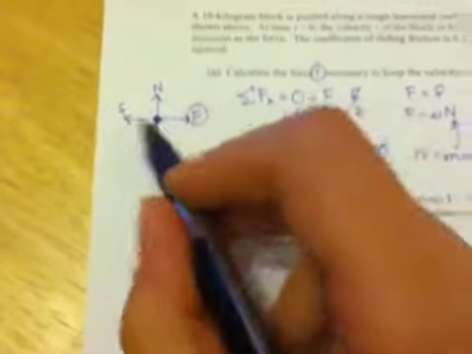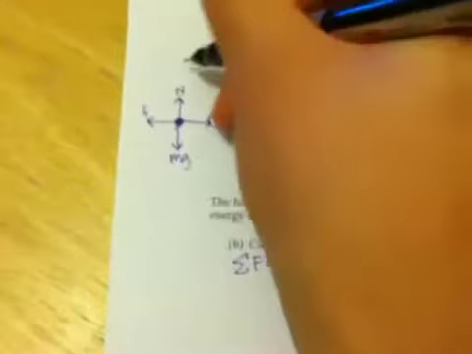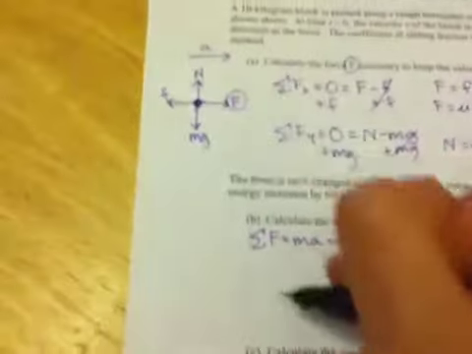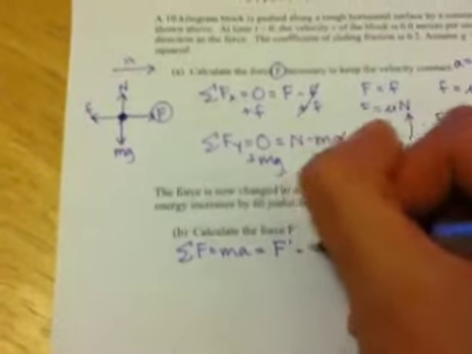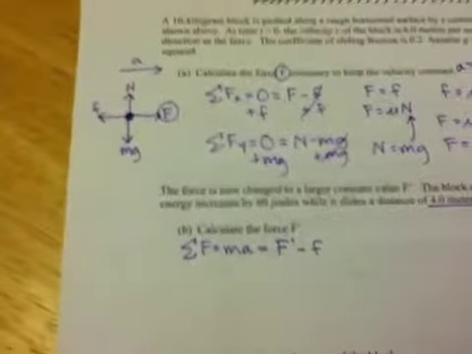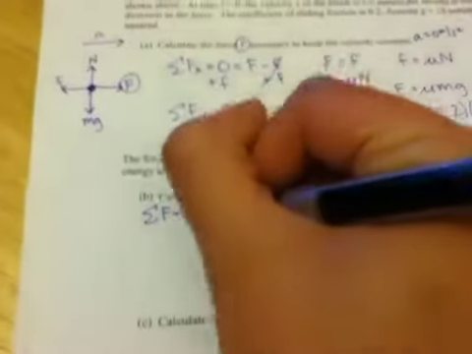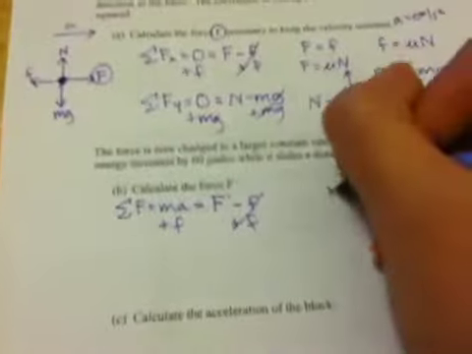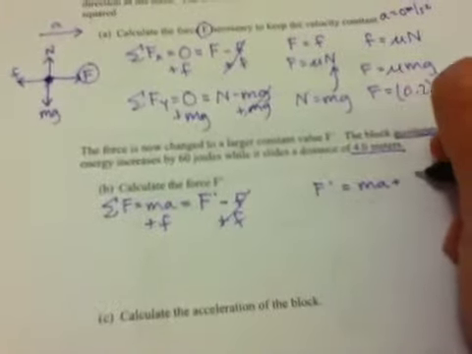This is our free body diagram, but now we've also got this acceleration pointing to the right. So it's due to this new F minus the friction. We're trying to find this force F, so we add friction to both sides, and we end up with the new F equaling ma plus friction.